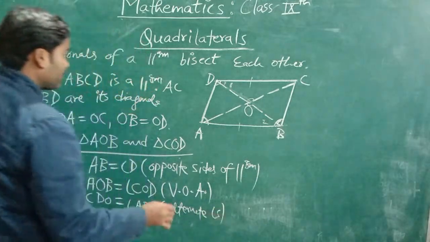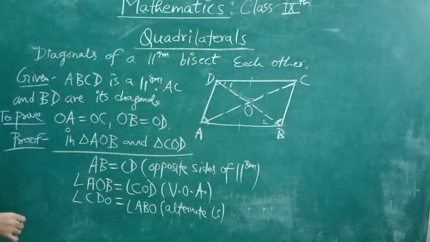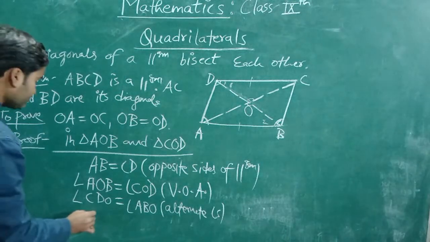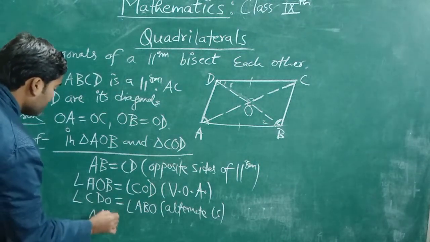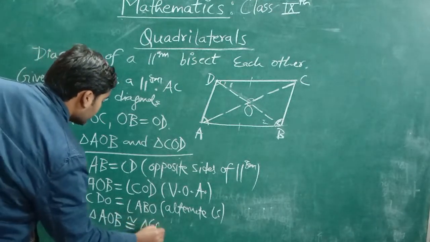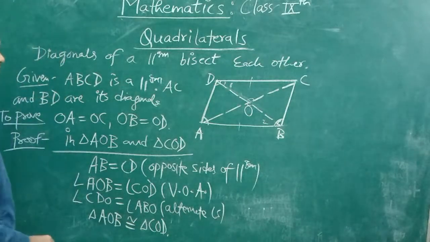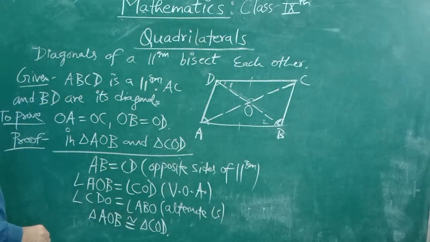Alternate angles. Hence, by ASA, triangle AOB is congruent to triangle COD.